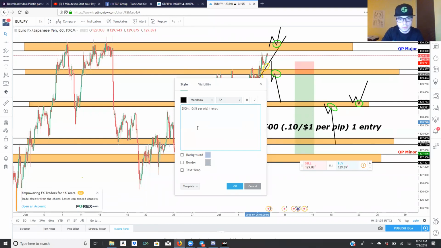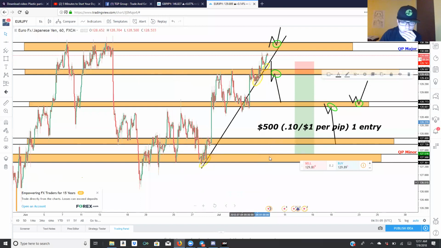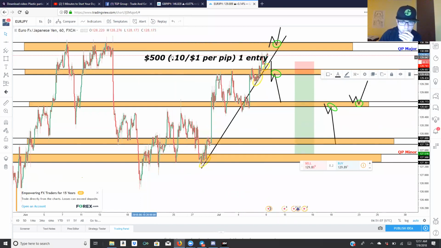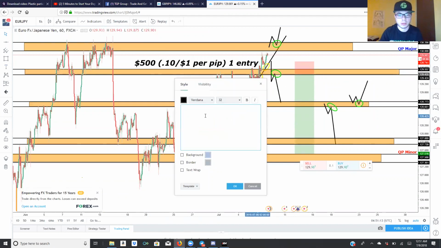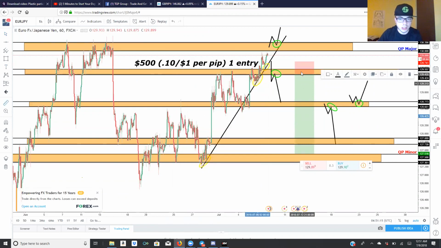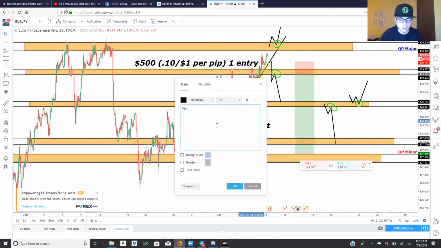One entry. Okay, so we're just going to put this right here, and now we're going to do exactly what we would have made. Let's say we caught it all the way to right here, right? So we'll just say 150 pips. One time.